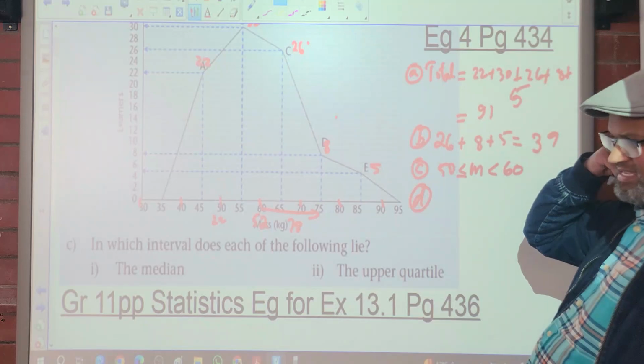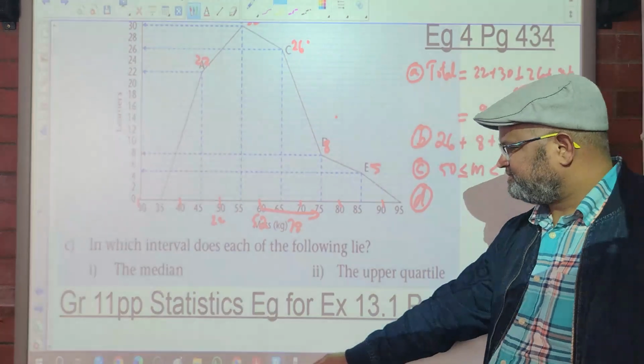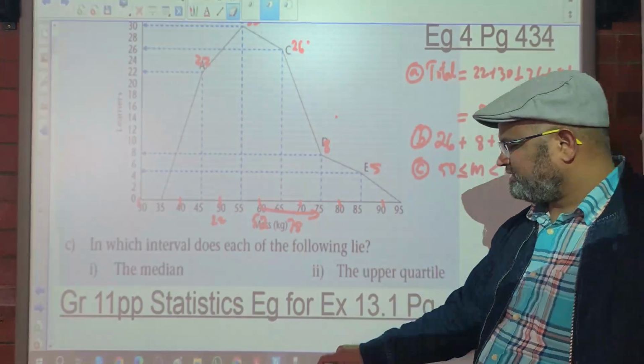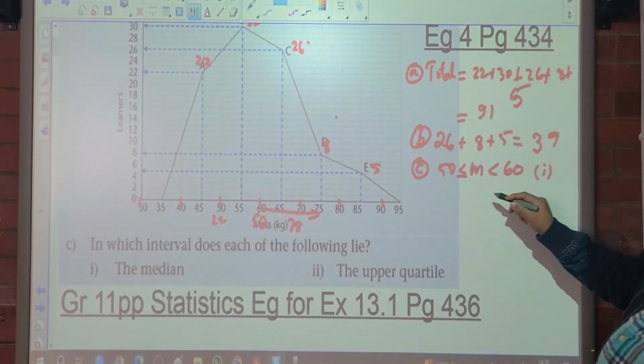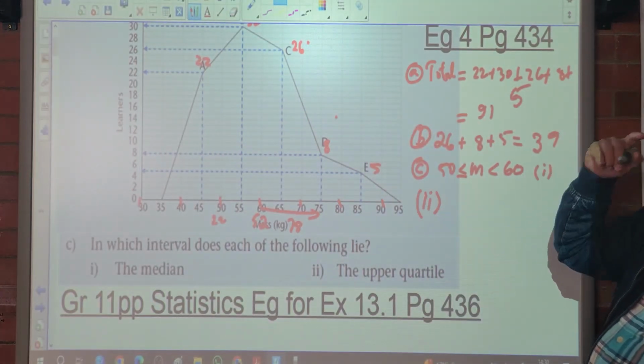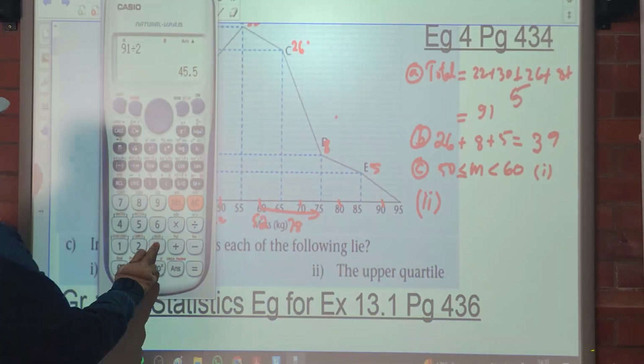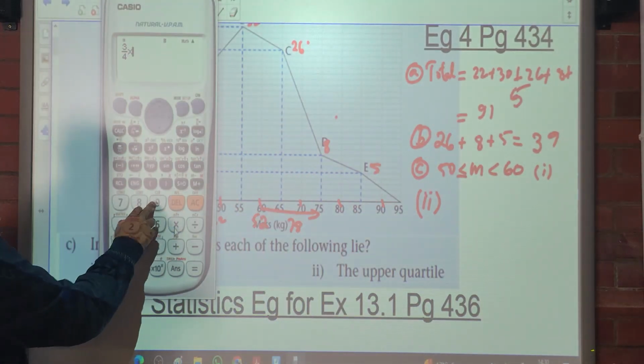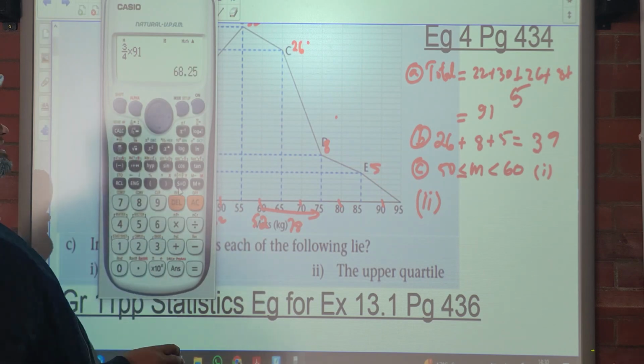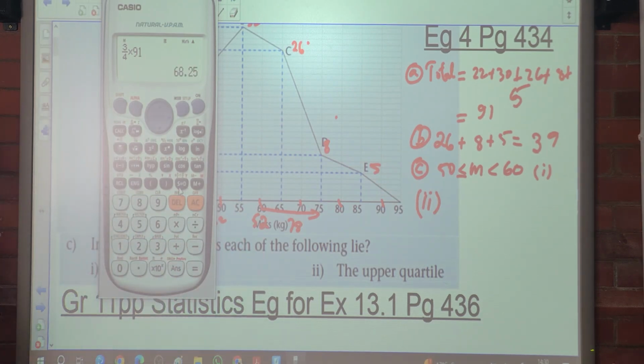D. Oh, that's number 1. Is that correct? Sorry? The upper quartile. So the upper quartile is 3 over 4 times 91. So I'm going to look for person 68.